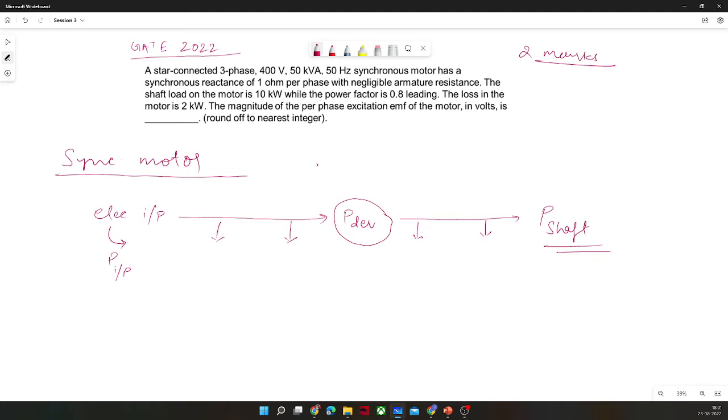We are moving from electromechanical. So some electrical losses would be there, core loss and copper loss. After that, this developed power would be there. And here, rotational loss. These are mechanical losses and frictional plus windage loss. These losses would be there.